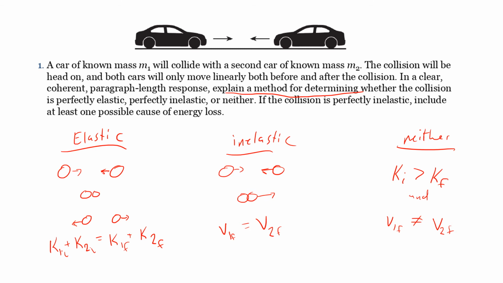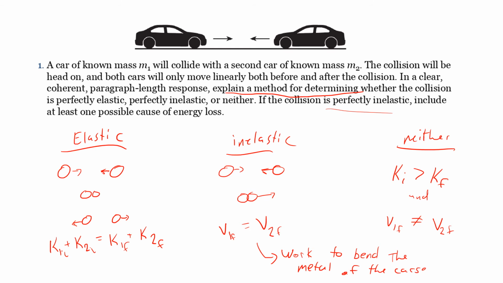1, 2, and 3. And then if the collision is perfectly inelastic, what's one possible cause of energy loss? Well, we lost the kinetic energy. So one possible source would be the work to bend the metal of the car.